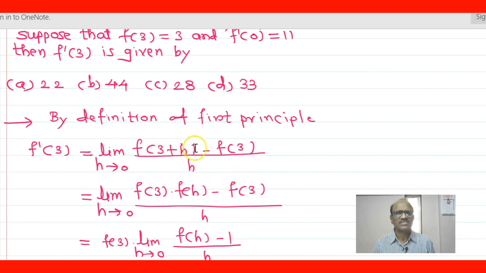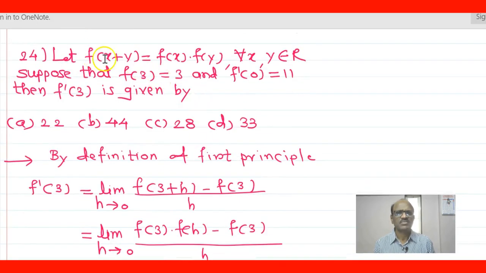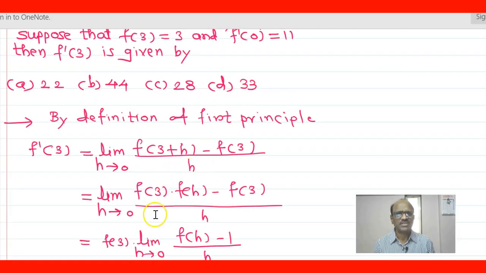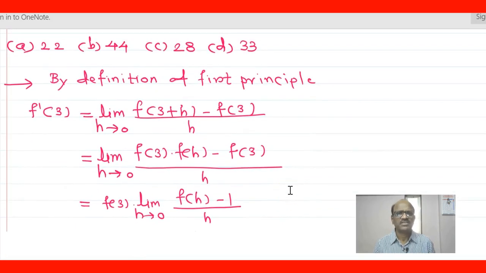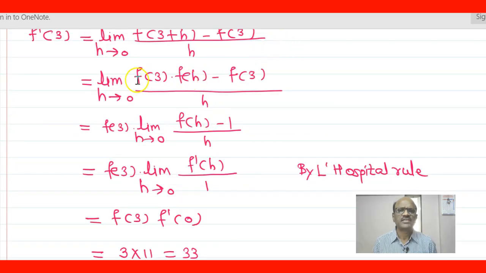Now what is the function? We have been given that f(x + y) = f(x)·f(y), that is f(3)·f(h) − f(3). Now by substituting the values, you will get f(3) and f(3). Take f(3) common, which is a constant and does not contain the h terms.